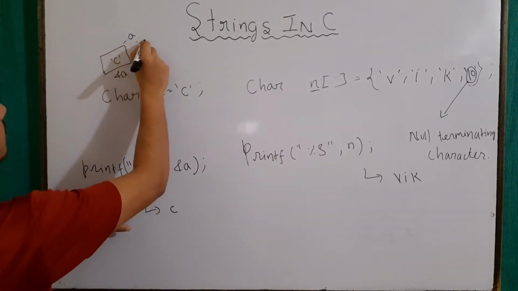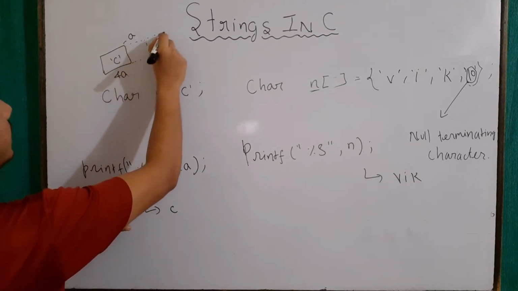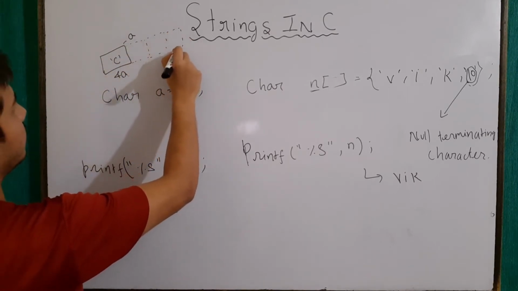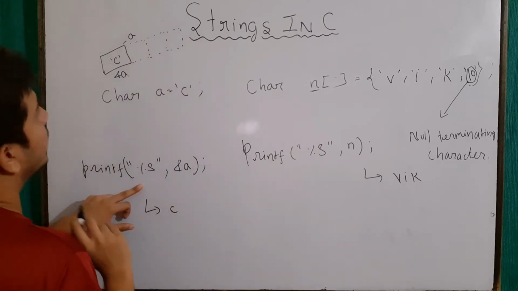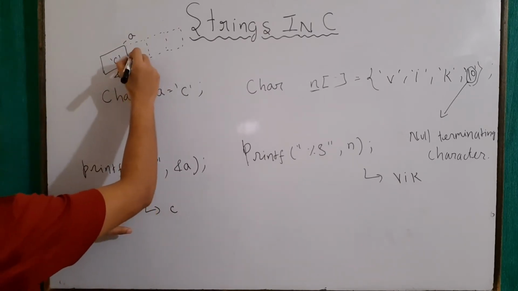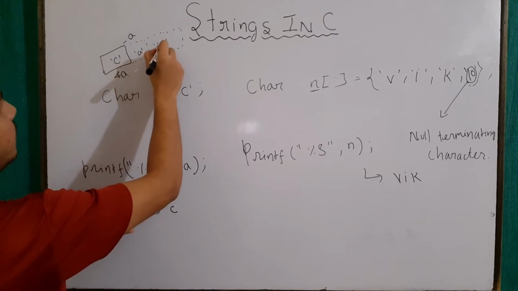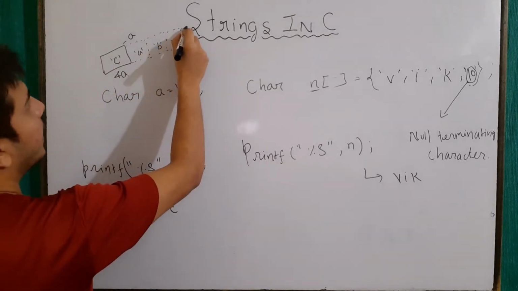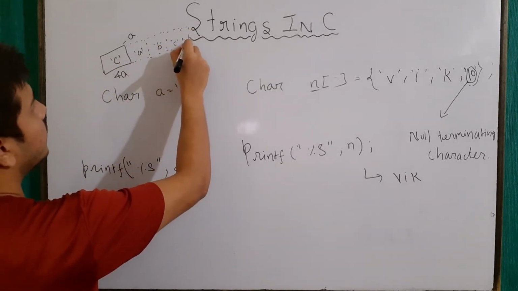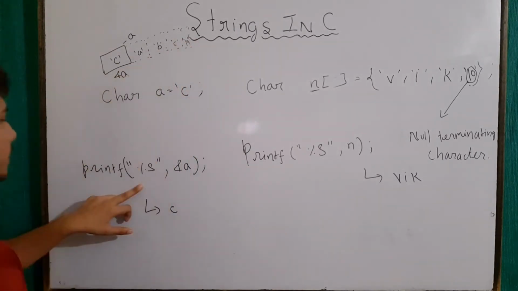Then there will be some other memory location after that, with some characters which we don't know, let's say A, B, C, and one more, let's say \0. We don't know about it.